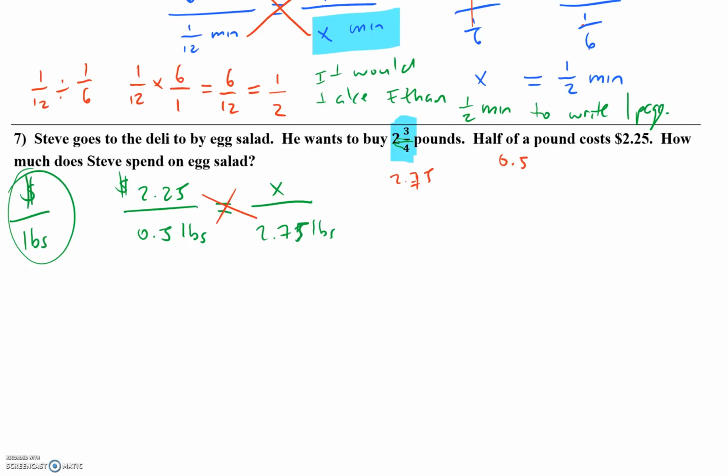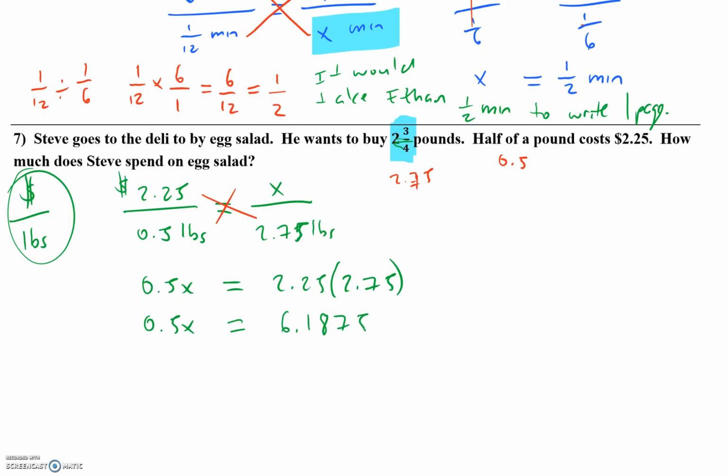On the left side, we have 0.5 times x equals 2.25 times 2.75. All right, so you would do the work on the side to save time in the video. I have it already. Let's write it out. 2.25 times 2.75 is going to equal 6.1875.